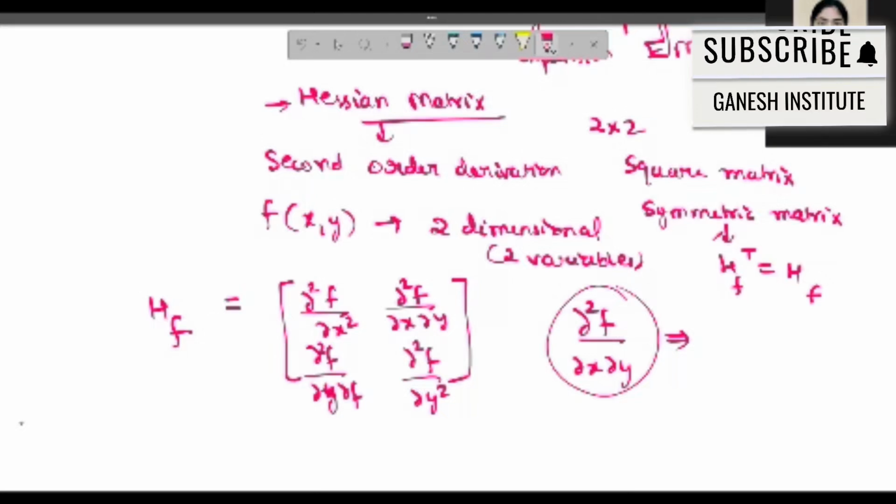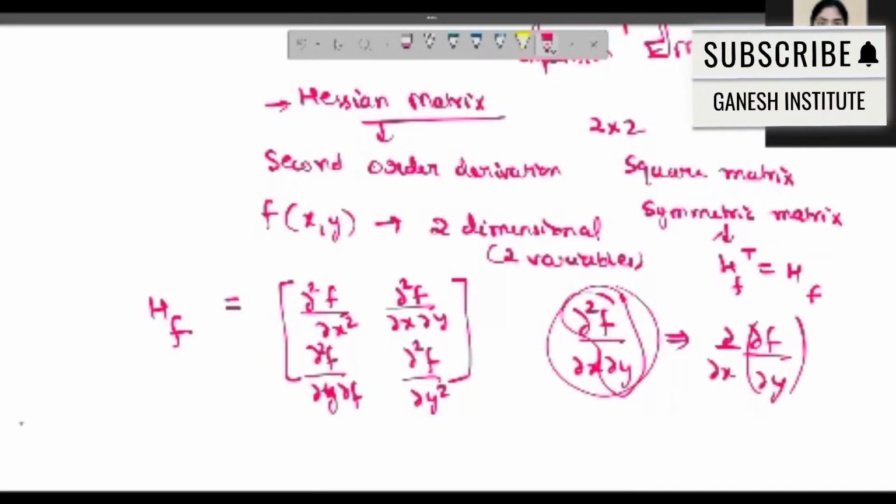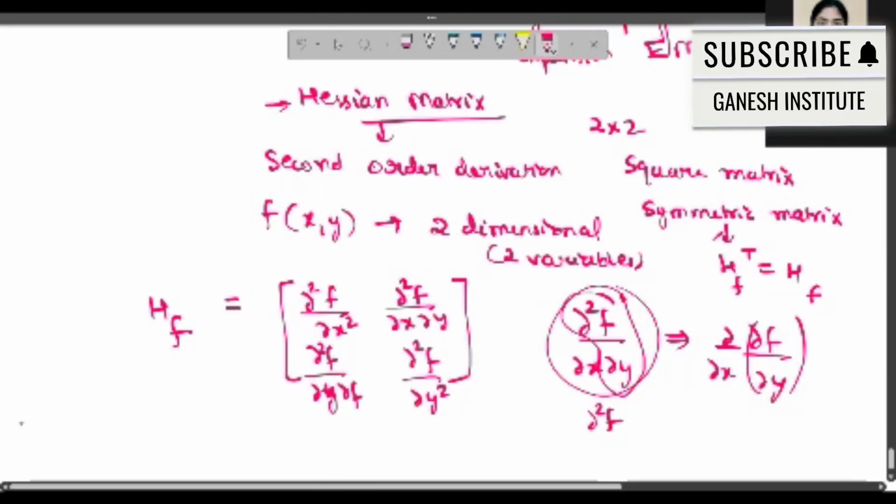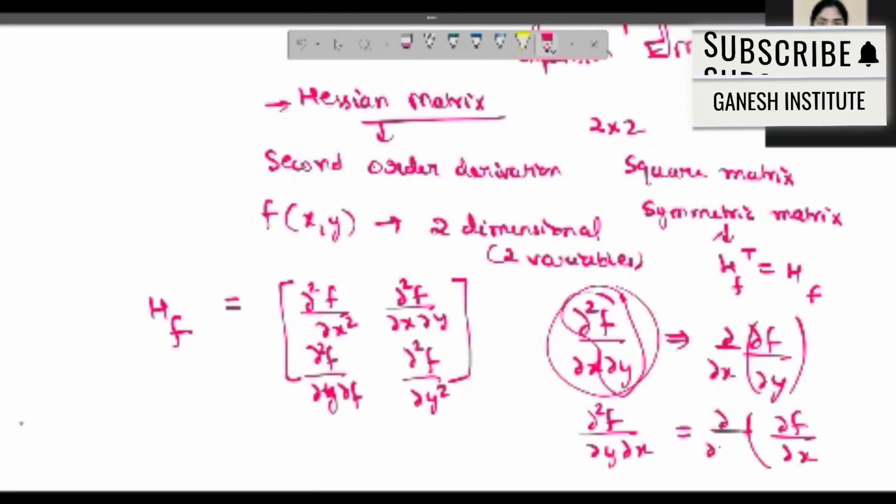So we do it this way: first f, and then d by dx of it. And when it is the other way around, we do the partial derivative with respect to x, and then y comes.